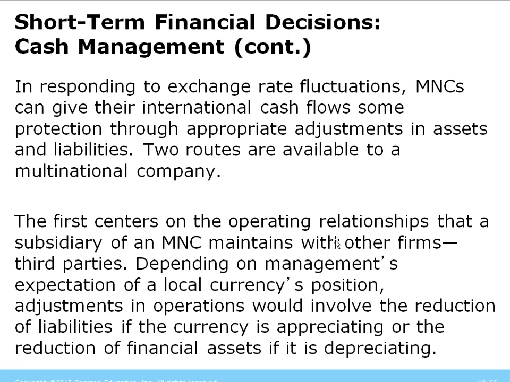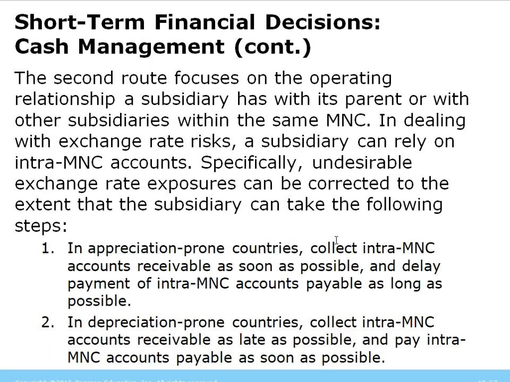Adjustments in the operations would involve the reduction of liabilities if the currency has appreciated, or the reduction of financial assets if it has depreciated. The second route focuses on the relationship a subsidiary has with its parent or other subsidiaries within the same multinational corporation.